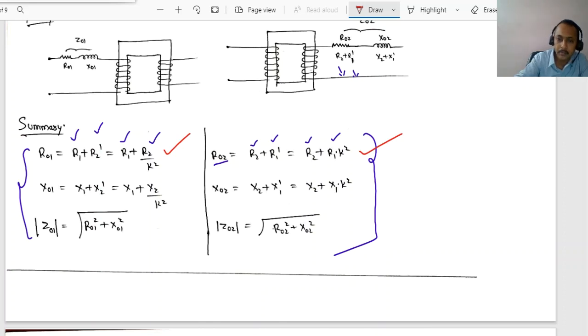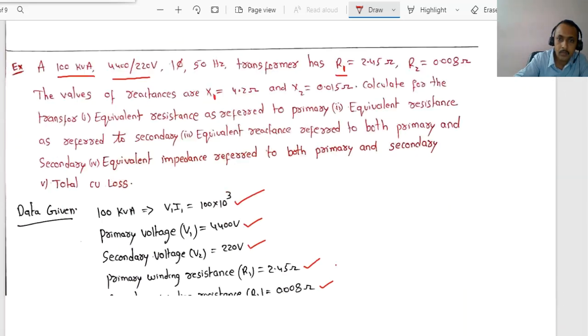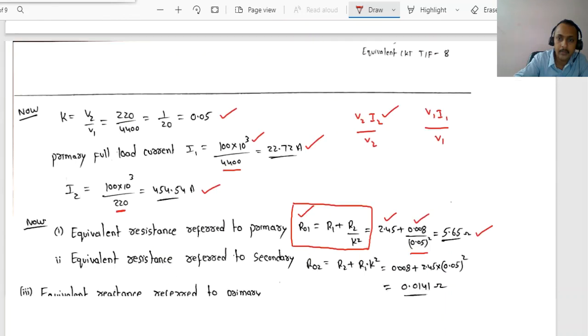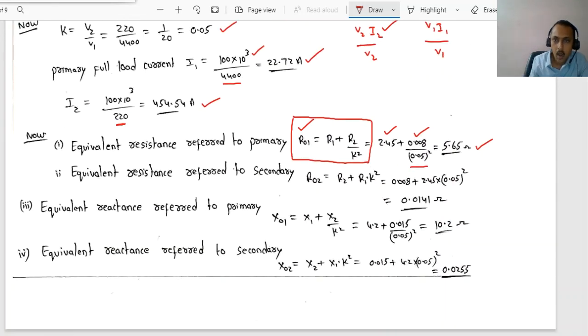Clear? Please practice that formula. Now R02, equivalent resistance referred to secondary. Simply R2 plus R1 into K square. We will get it as 0.0141.